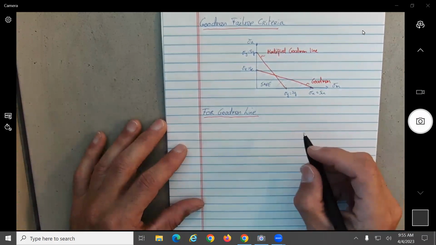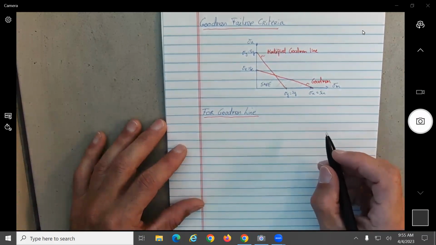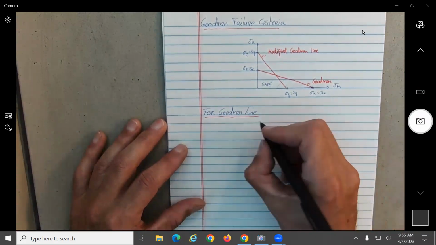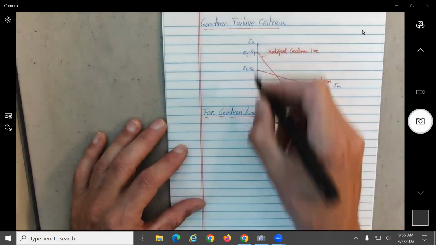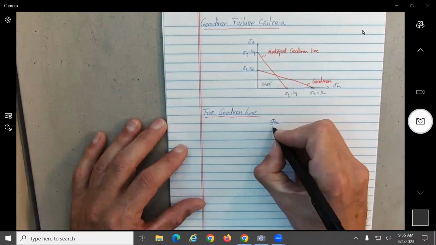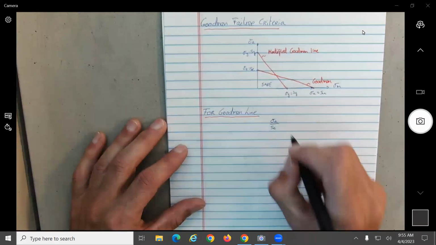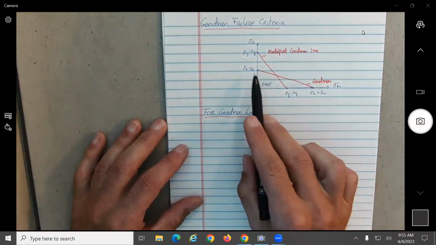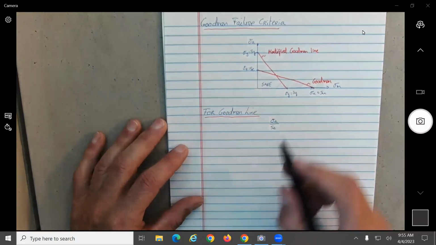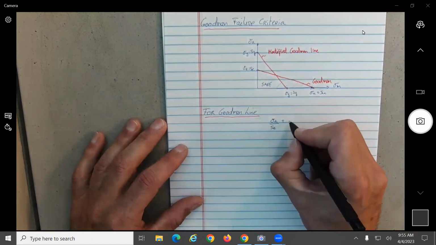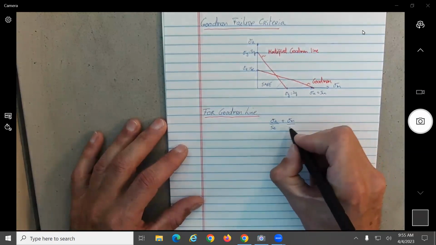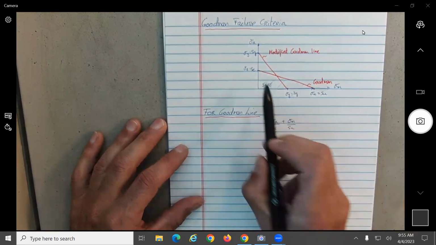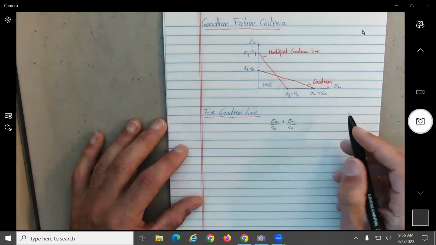So the criteria for that one is that you have the sigma alternate, which is the one on this axis, divided by, I'm going to use the notation of the SE instead of the sigma because that's the one found more in the book. So SE equal to the endurance stress, plus the mid-range stress divided by the ultimate, which is the Goodman line. Okay, we go from this point to this point.